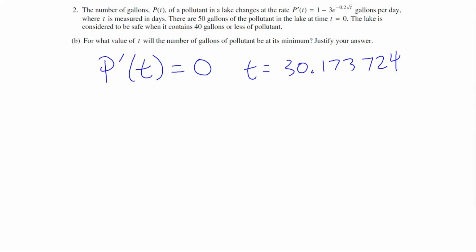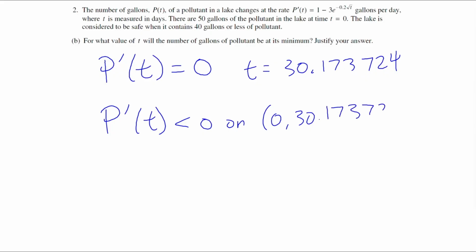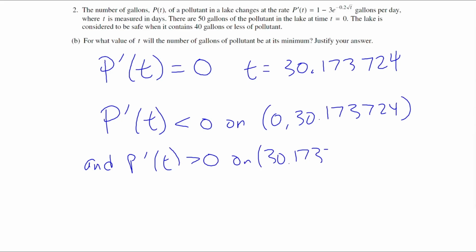We know we're at a minimum there because P prime of t is less than 0 on 0 to 30.173724, and P prime of t is greater than 0 on 30.173724 to infinity.